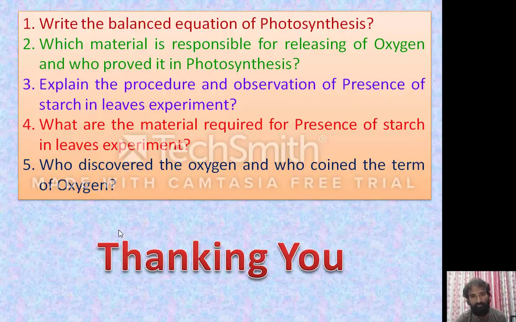In the process of photosynthesis, plants release oxygen and consume carbon dioxide. That carbon dioxide comes from animals, like mice, or from burning any material. That is why carbon dioxide and water, these two factors, are very essential for the process of photosynthesis. So thank you.